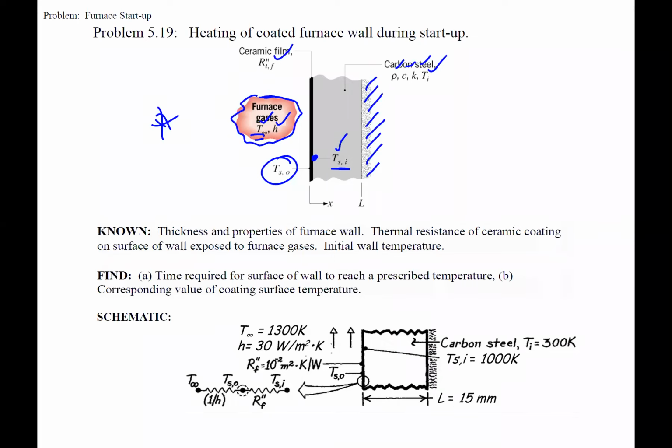All right, so you see the schematic down here. They're first off looking for (a) the time required for the surface of the wall to reach the prescribed temperature, and (b) the corresponding value of the coating surface temperature. So in this case, what are we including? What are we excluding?